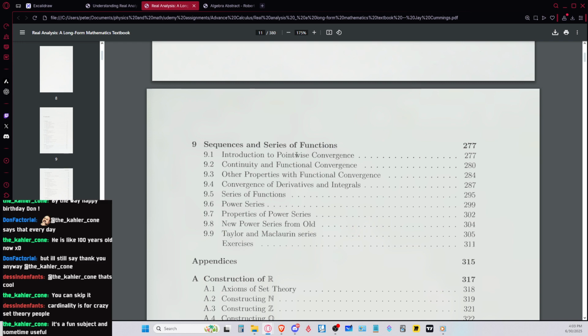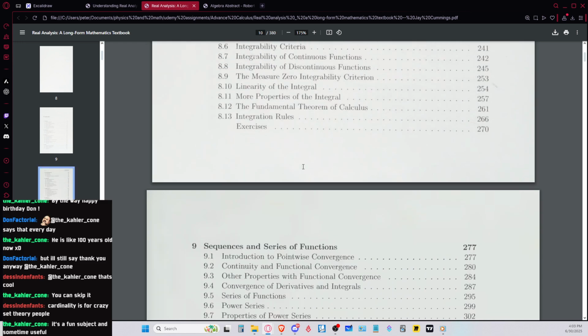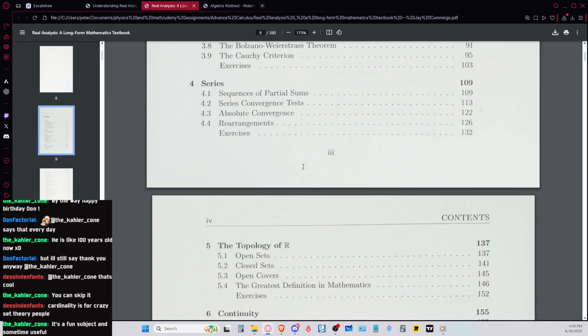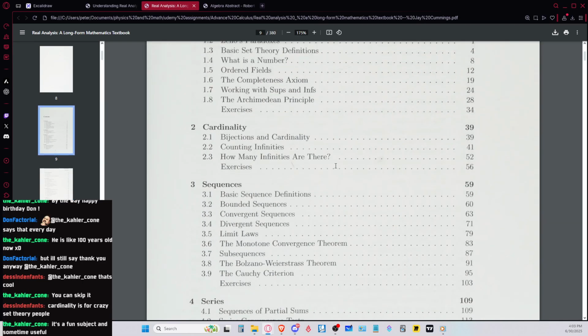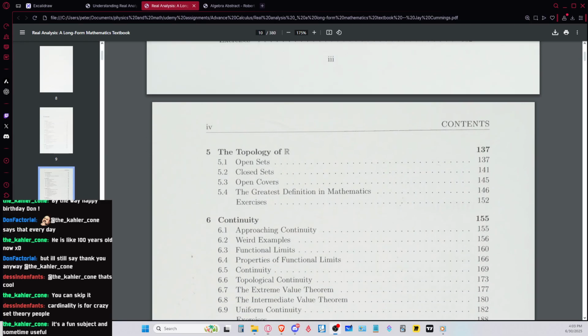Oh, interesting. I'm guessing the only chapter that's not a must is cardinality. It's a fun subject and sometimes useful. Okay, I'll probably have to read that later. Cardinality.